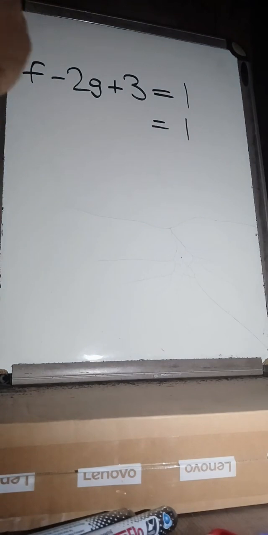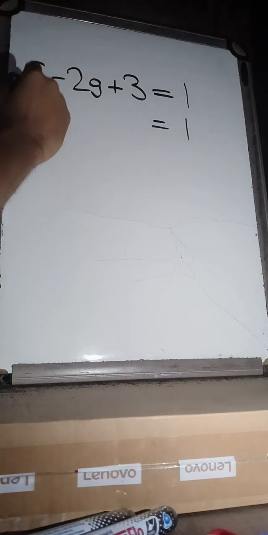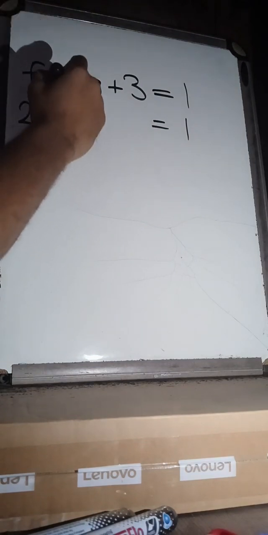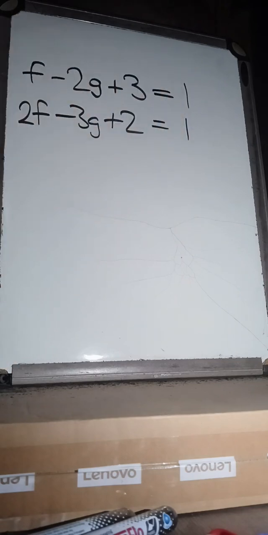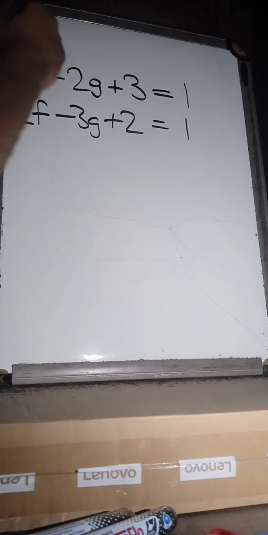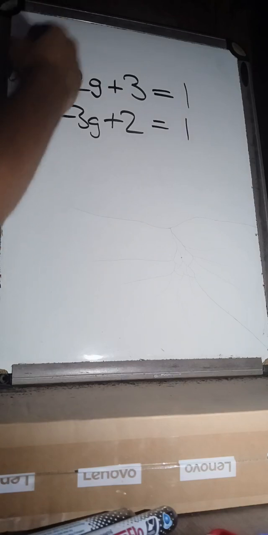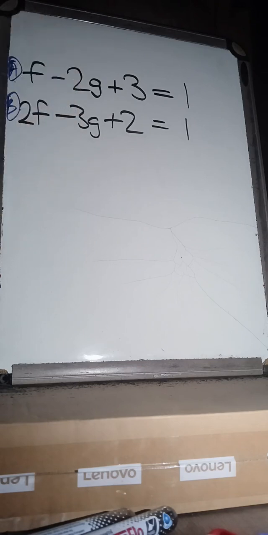Both of them are equal to 1. 2f minus 3g plus 2. I believe that's what happened, right? So line 1 and line 2 are A and B.